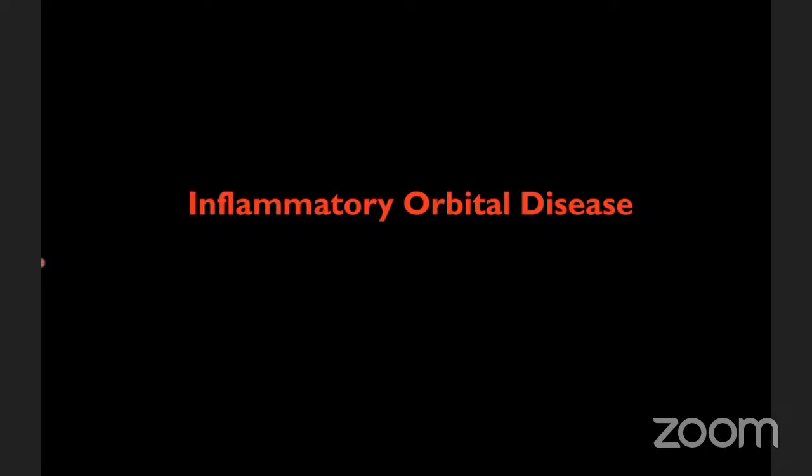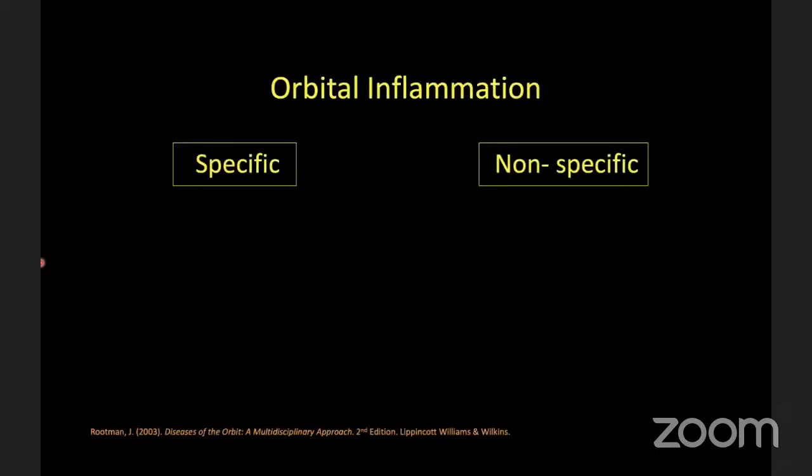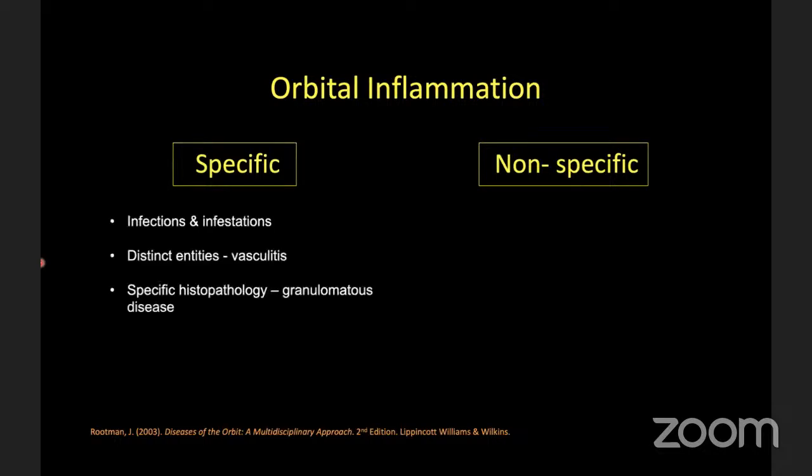Now to quickly run through the next topic of discussion, which is non-infective inflammatory orbital diseases. Let us broadly classify them as specific and non-specific. Under specific, we have the infections that we already discussed. There are certain distinct entities like the vasculitis, or those with specific histopathology like granulomatous disease.